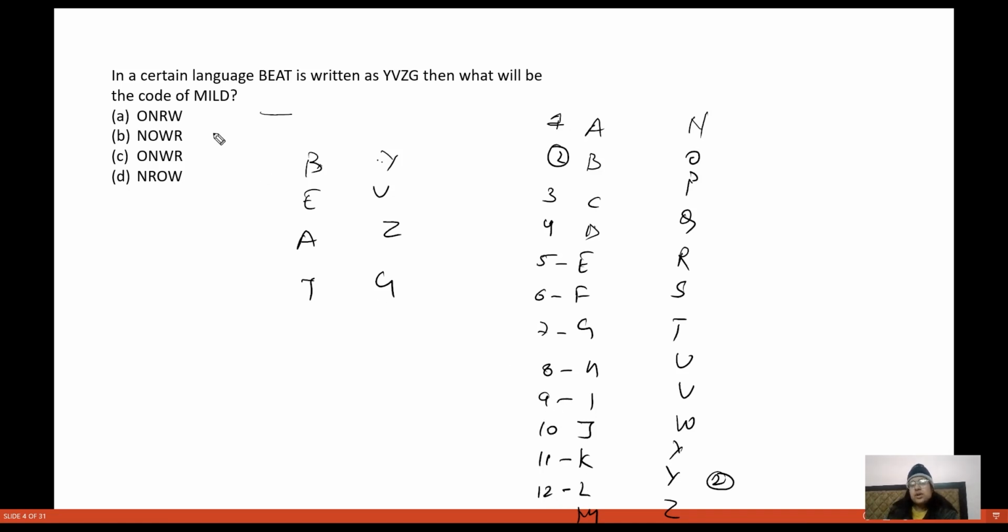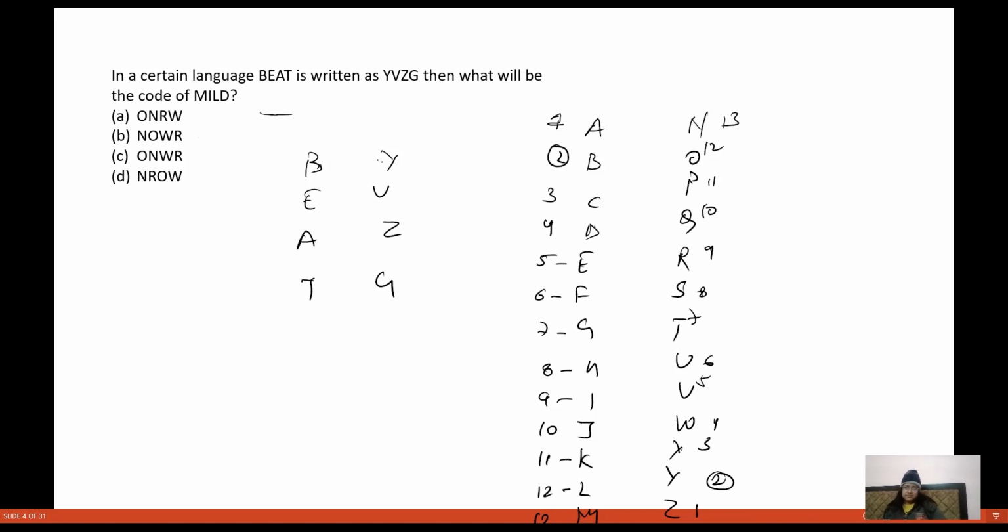You need only till M, so don't go beyond that. Now number this: 1, 2, 3, 4, 5, 6, 7, 8, 9, 10, 11, 12, 13. We don't need the numbers beyond 13.